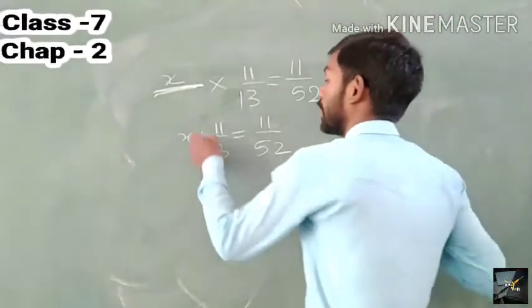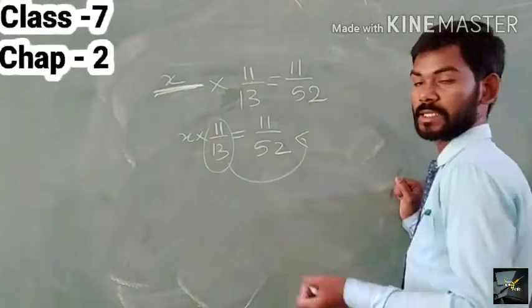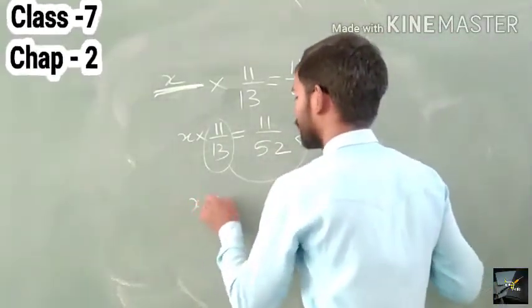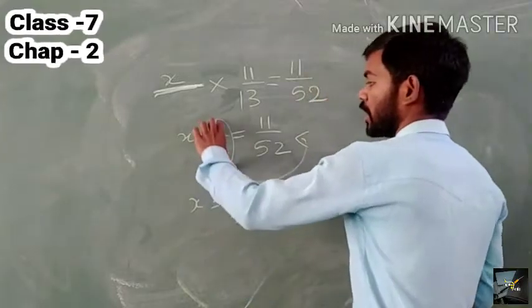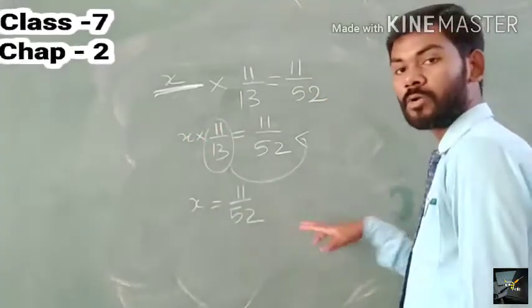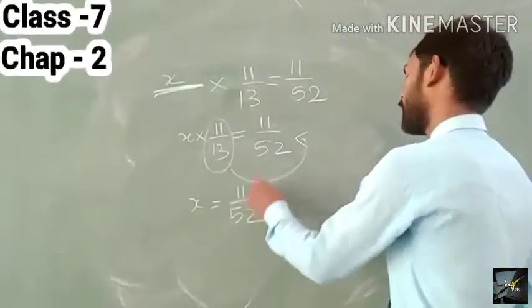So here 11 upon 13 will go to the right side, and here we get x is equal to 11 upon 52, and when 11 upon 13 goes to the right side, then we write its reciprocal, and here we get 13 upon 11.